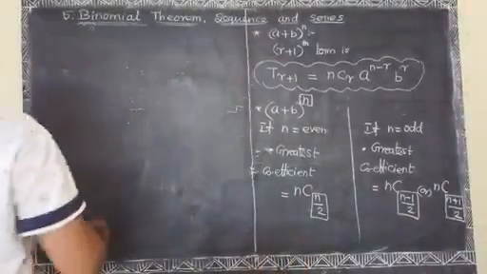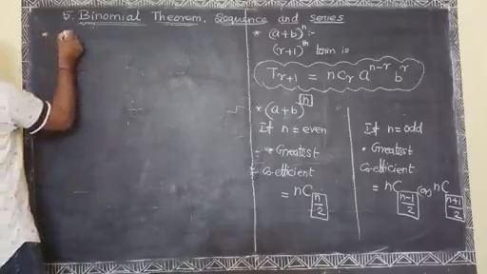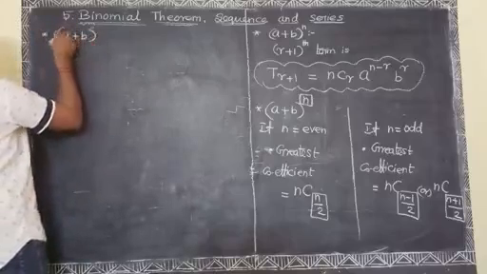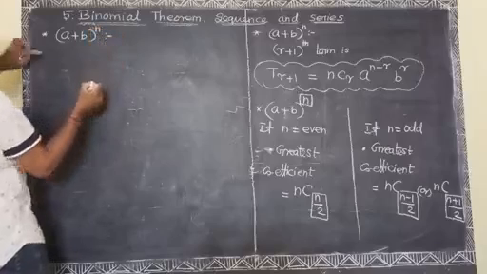Next another property, (a plus b) whole power n, by the principle of binomial theorem.